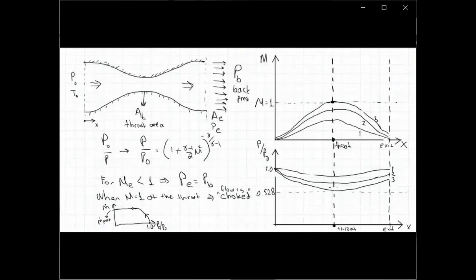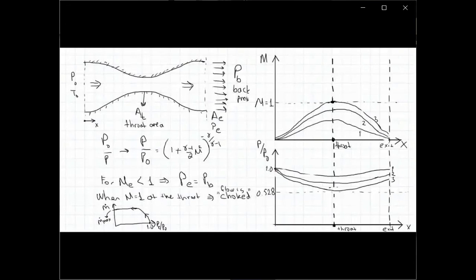Continuing our discussion on the flow development after this point. At the end of scenario 3, we have reached the sonic condition at the throat. But as we said, we require fully supersonic flow at the exit plane.